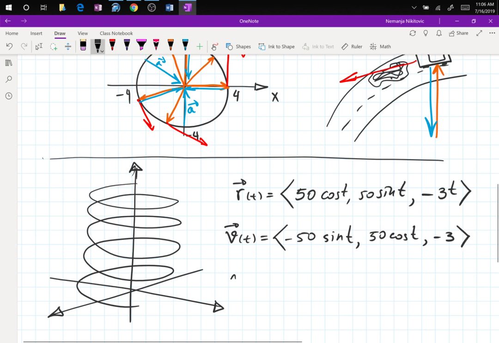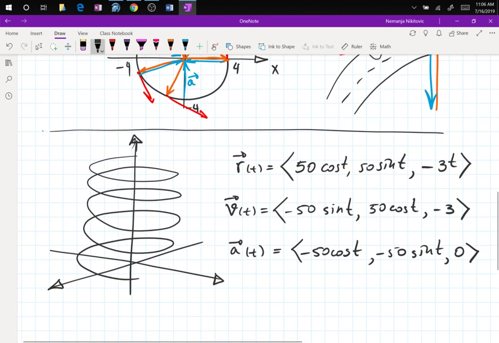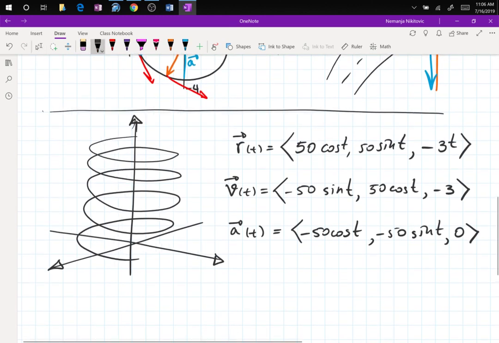And then finally, the acceleration of the bird: negative 50 cosine t, negative 50 sine t, and 0 on the z-axis.